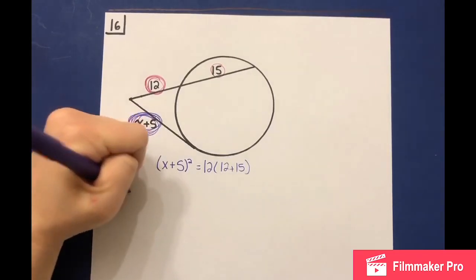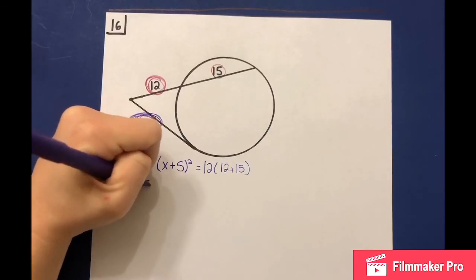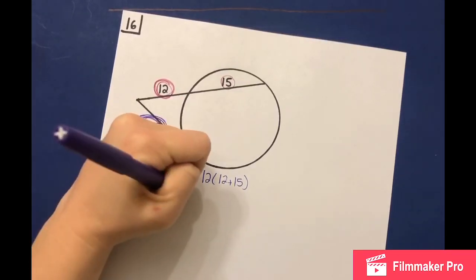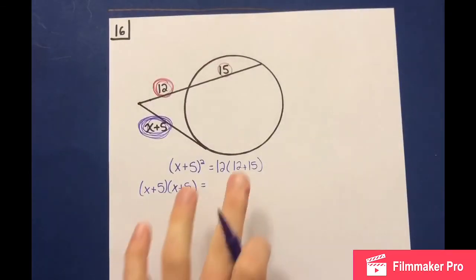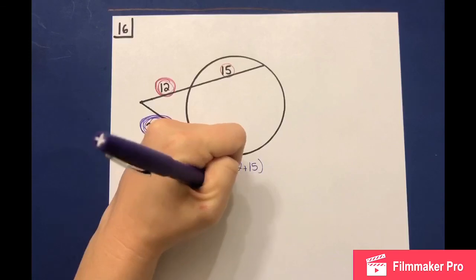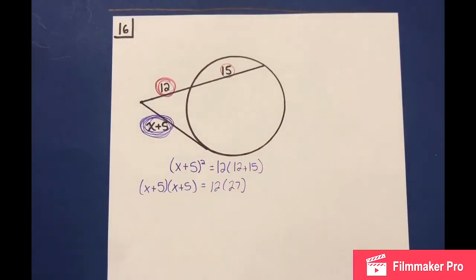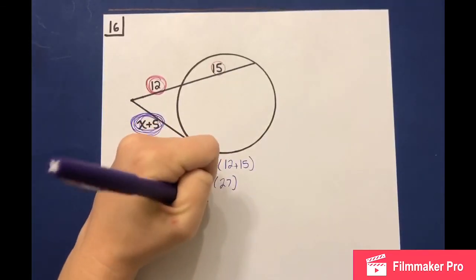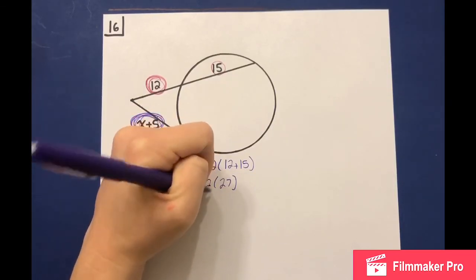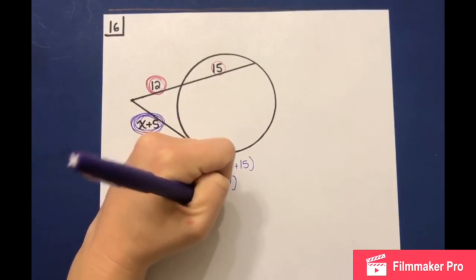So instead, I'm just going to rewrite it, plus here, plus here, okay? And then I'm just going to combine the inside just like it's any other problem. I get 27 here. On this side, I end up with 324.